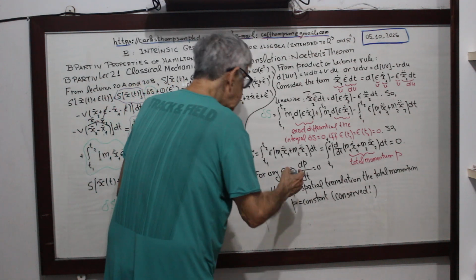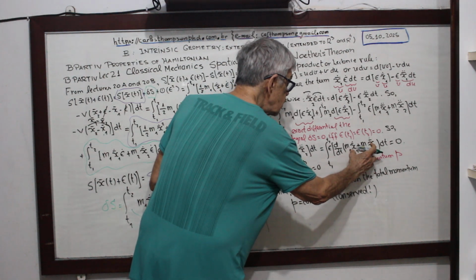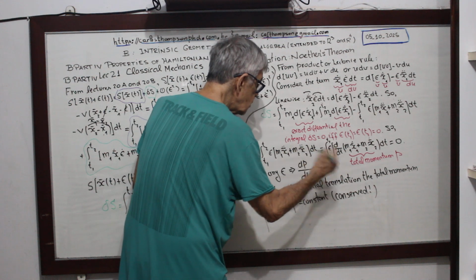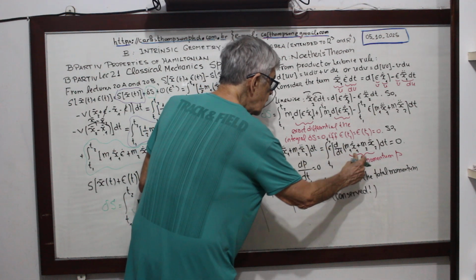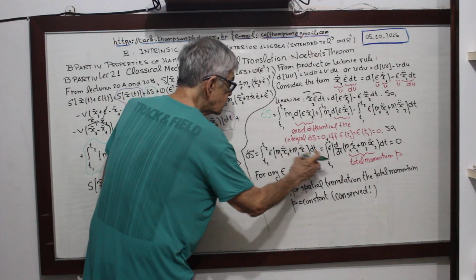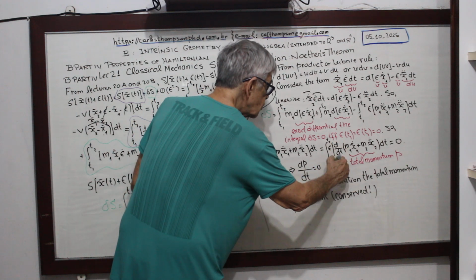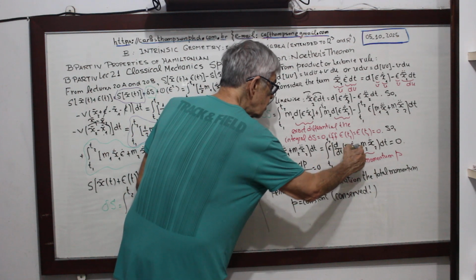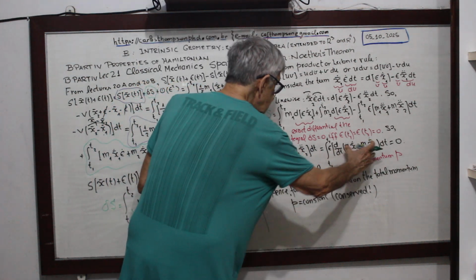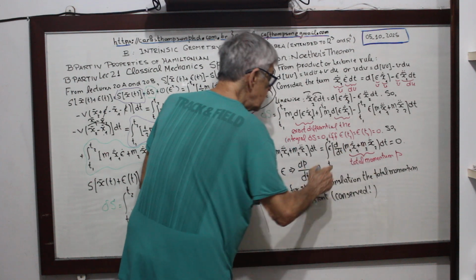So then here we can see, I can write d/dt of this term over here. This one is the same as this one here. So this is d/dt, m1, m2 are constant, so this is exactly equal to this. This is the total momentum P.